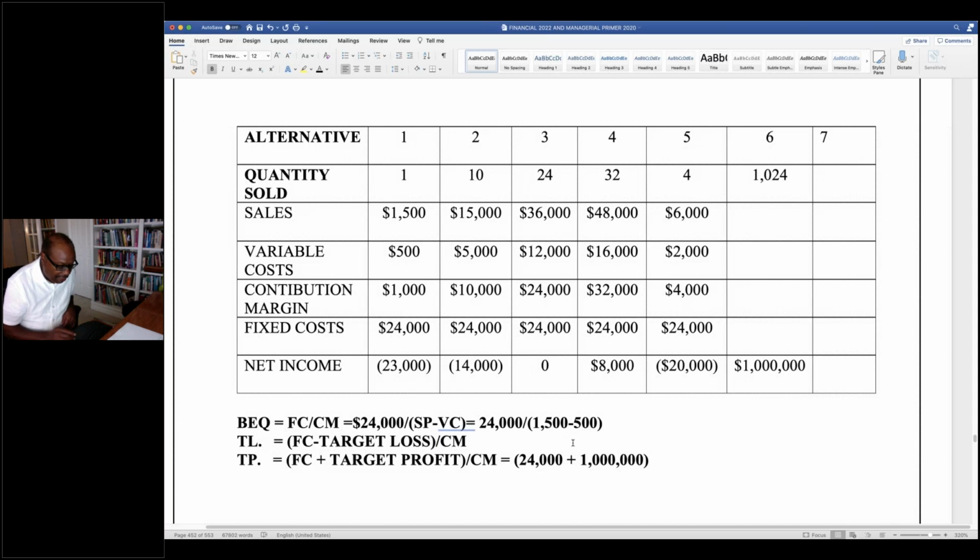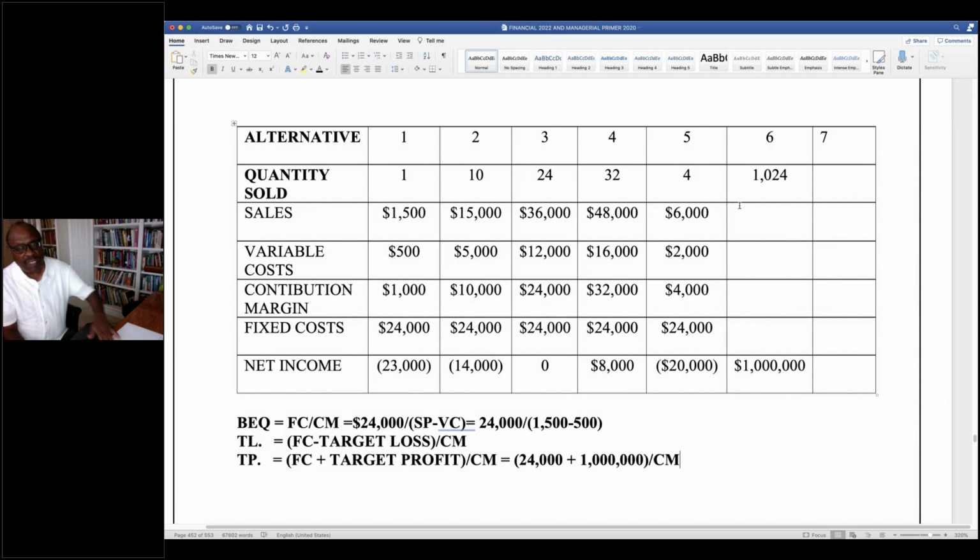And then we're gonna divide all of that by the CM. If you work that through, CM being 1,000, this comes out to be 1,024.